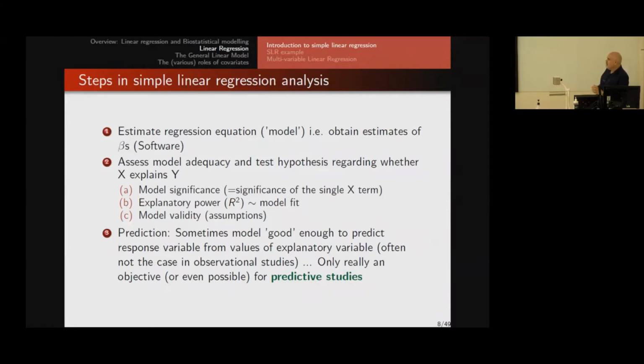But it's only really an objective in predictive studies where we've got a very good fit to our data. And in a lot of cohort studies and observational studies, it's just not that strong of a relationship. Yes, we can say this is a risk factor for our outcome, but that doesn't mean we can go to the next step and actually predict things, say, prognostically.